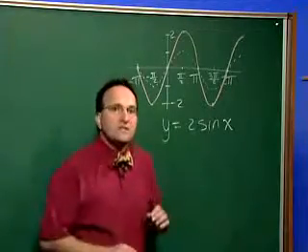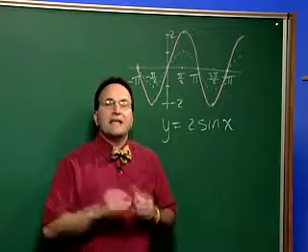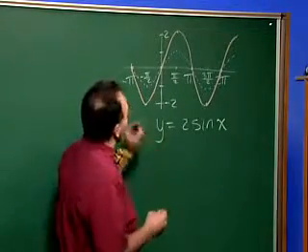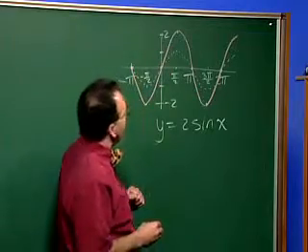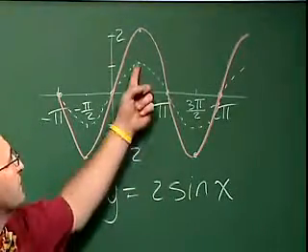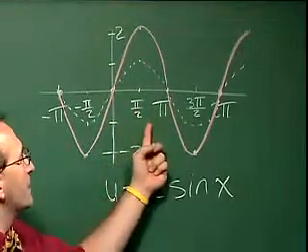Now, what we just did is we worked with something called the amplitude of the sine curve. The amplitude of the sine curve is defined to be half of the distance between the maximum and minimum value.